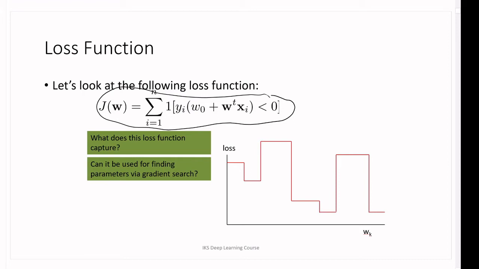On the other hand, if yi was 1 and W0 plus W transpose Xi produced a negative value or a negative score, then obviously the inequality of the indicator function is being satisfied, so it will return a value of 1. And of course, when it returns a value of 1, we know that since W0 plus W transpose Xi was negative, for yi to be positive, that means our model made an error.